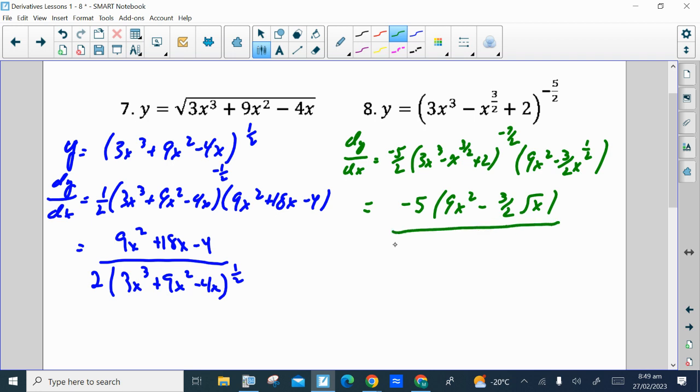The 2 is on the bottom, along with 3x cubed minus x to the 3 halves plus 2, and that power becomes positive 7 halves. So there's the derivative.